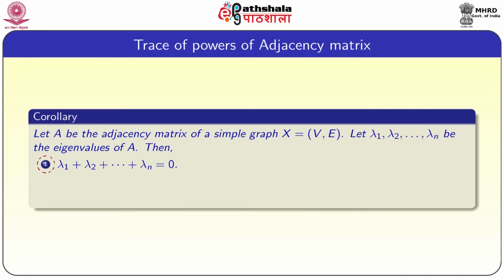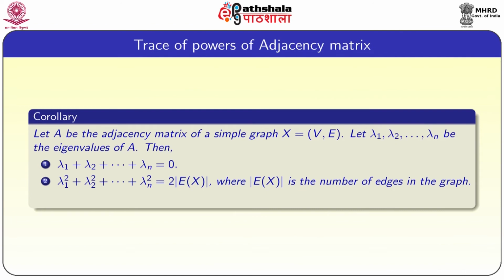That is, the sum of the eigenvalues is the trace, so trace is equal to 0, and lambda 1 square plus lambda 2 square and so on plus lambda n square is equal to twice the number of edges. As we know, the modulus of E of X is the number of edges in the graph. So, it is important that the trace of A square gives twice the number of edges.